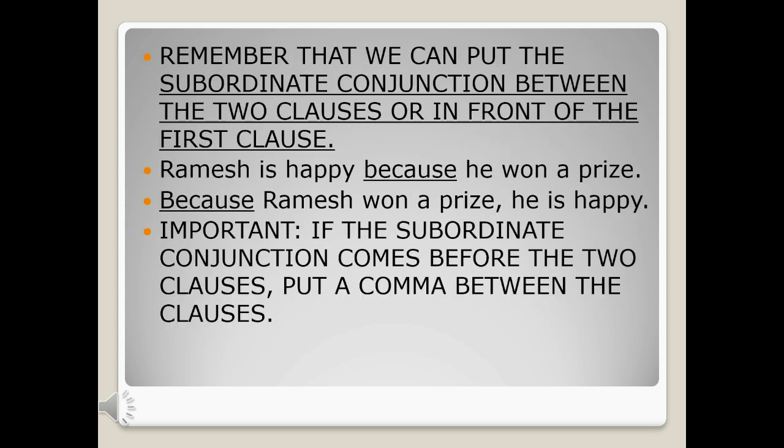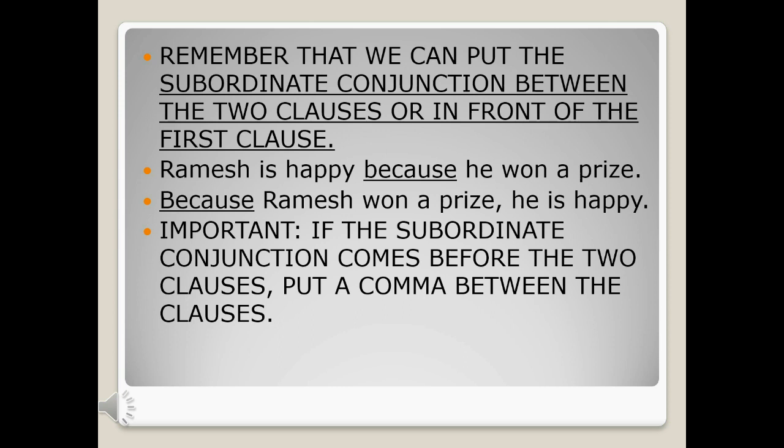Remember that we can put the subordinate conjunction between the two clauses or in front of the first clause. The two examples are given below. Number 1, Ramesh is happy because he won a prize.